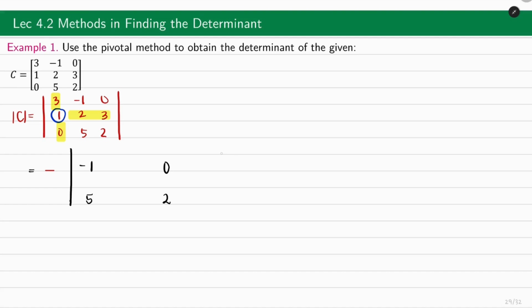Take note that I'm making space because we are going to subtract the corresponding product from these entries. For negative 1, we are going to subtract 2 times 3. Where does the 2 times 3 come from? From here. 2 times 3, because that is the counterpart of negative 1.